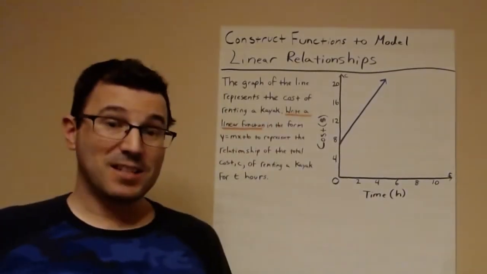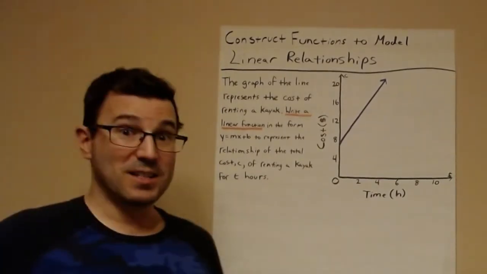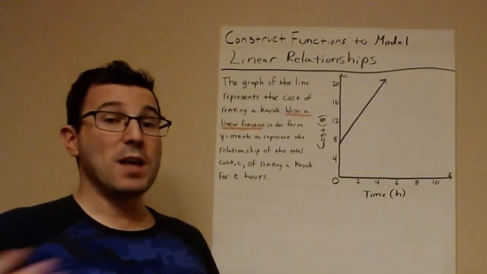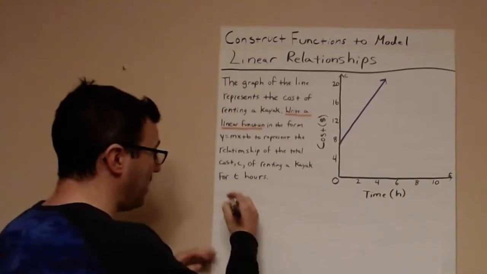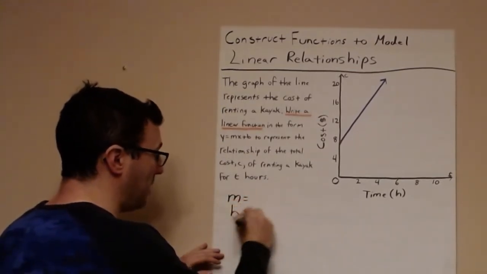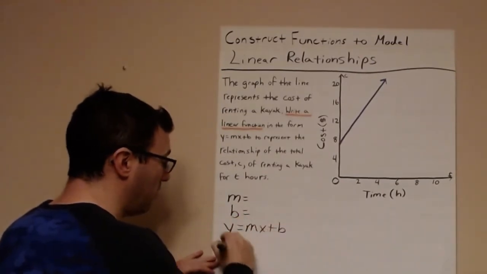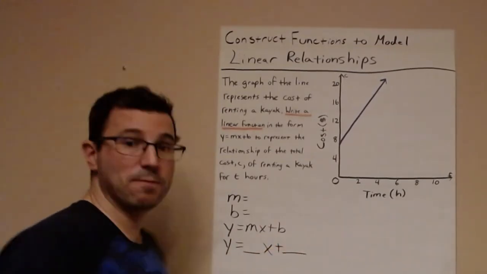Well, that's the same as when we would say write an equation. So this is y equals mx plus b, y equals blank x plus blank. So I'm going to just write that here.